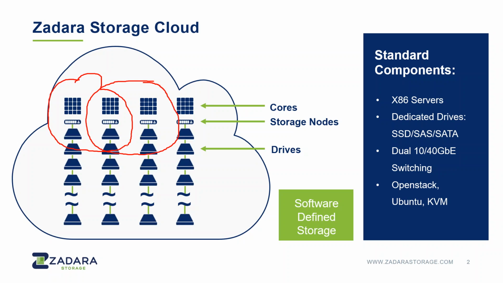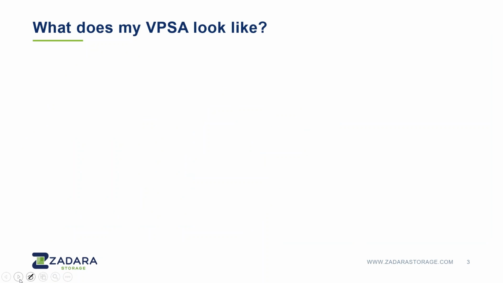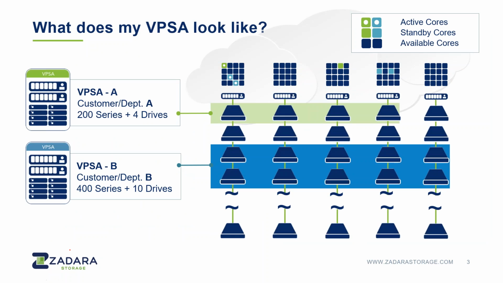Now those are independent of all of the other VPSAs in the Zadara cloud. So part of our patent allows you to build an array out of a multi-tenant environment.